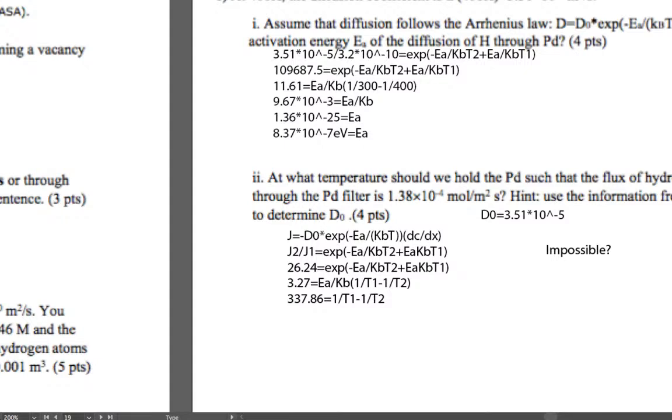E to the power of the answer that you got, which would be 0.99999. And so when you multiply that by 3.51 times 10 to the power of negative 5, you divide by the answer that you got, it would be 3.51. Pretty much similar numbers. That's the D naught.